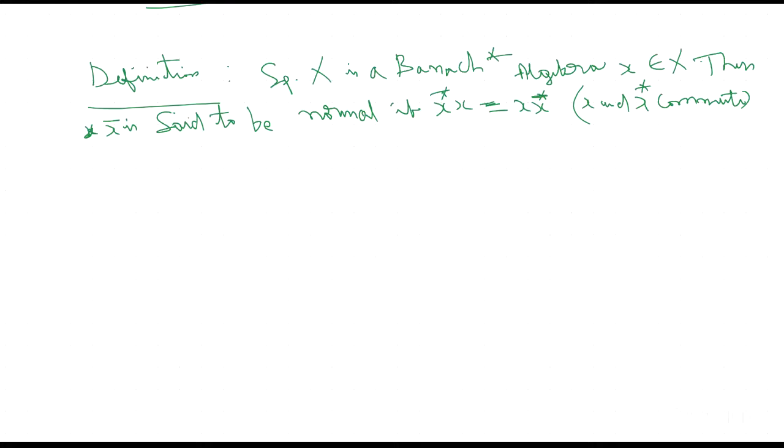So if X is commutative, every element of X is normal. We observe that every self-adjoint element is normal. A short answer type question on a theorem we'll discuss.